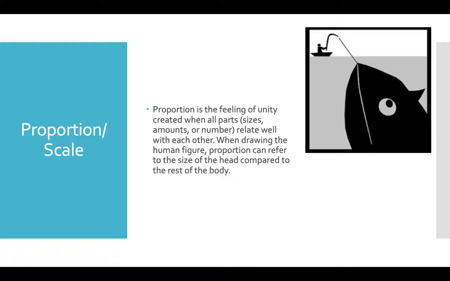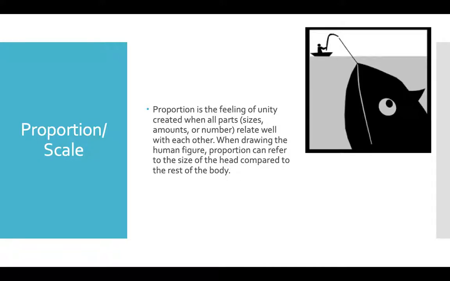Next is proportion or scale. And proportion is really just the size relationship between the parts that are in your artwork. Proportion could be where you keep things the way that they're found in nature, so that the size of a head for a human is in correct proportion to what it would be with a body.